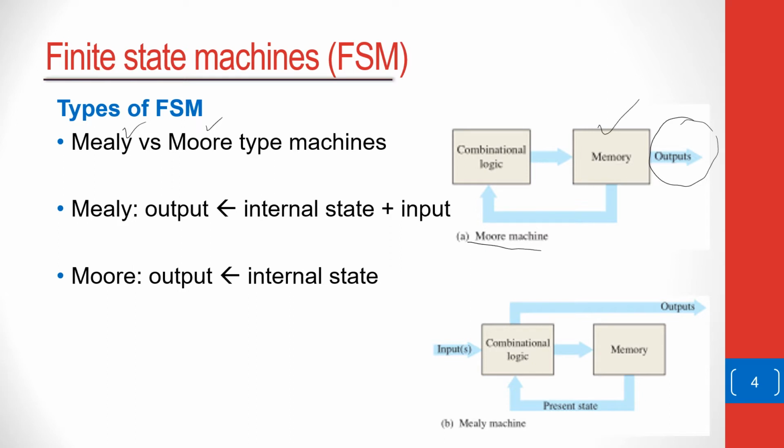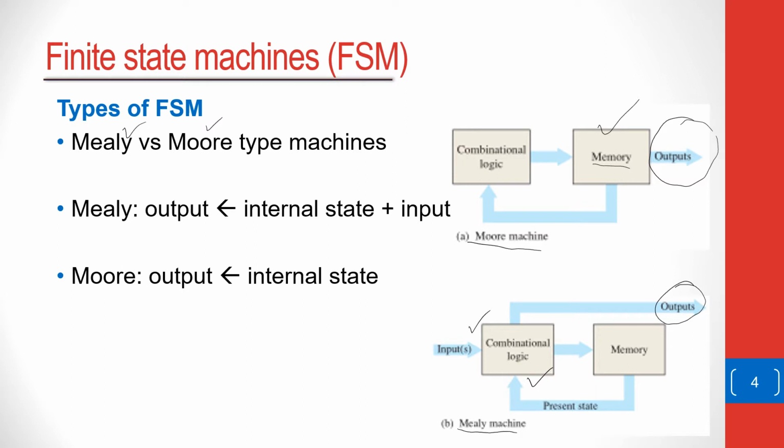The internal state, which is stored in memory, is the one which determines the output. The output of the Mealy machine, on the other hand, is determined by both the current state as well as the input.